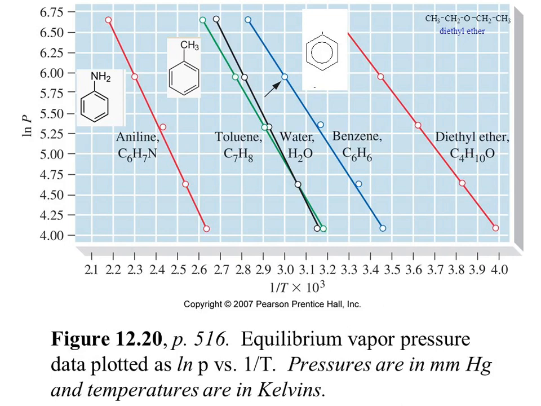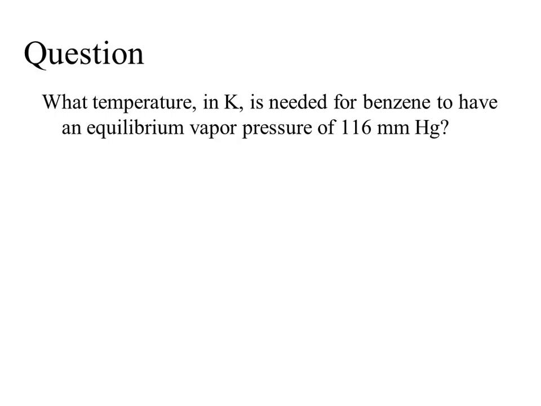So actually, I think in the next slide we're going to be picking on benzene. These are all Clausius Clapeyron plots. If we pick on benzene and use the previous thing, we could answer this question: what is the temperature in Kelvin needed for benzene to have an equilibrium vapor pressure of 116 millimeters of mercury?